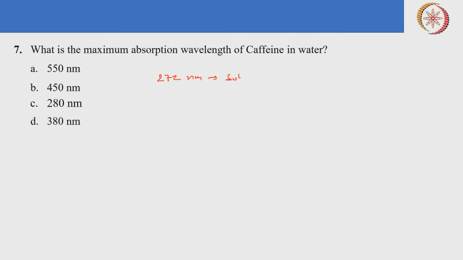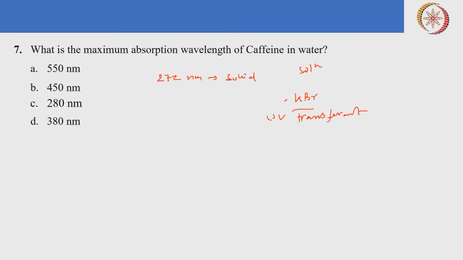I think this is very easy, because whatever 272 nanometer is, it is in the solid state. Whatever we have discussed is in the solution state. In the solid state also you can record the absorbance spectra of your compound. In that case, usually you have to make a KBr pellet.